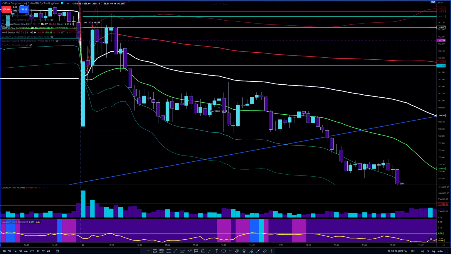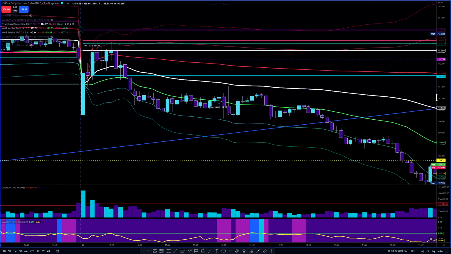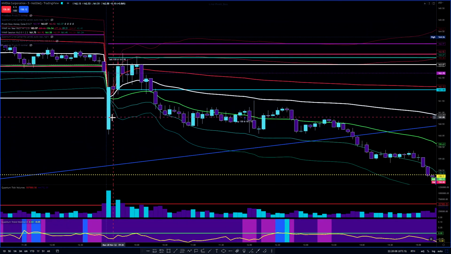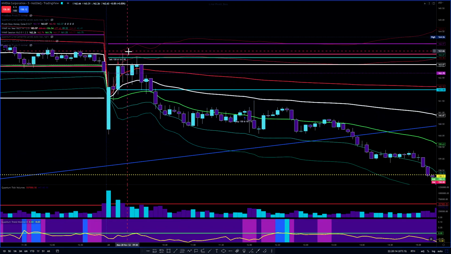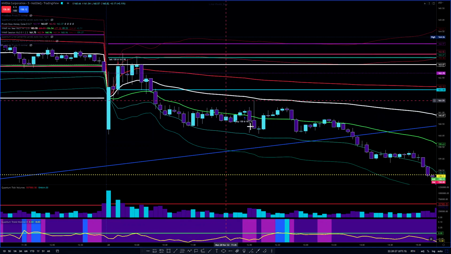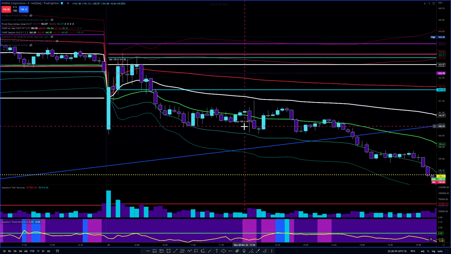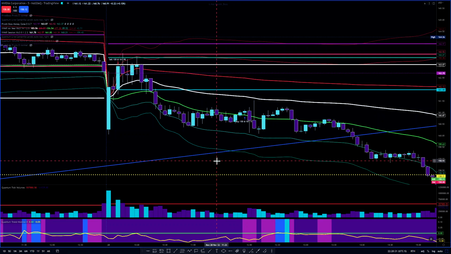Even though I'm looking for shorts, I can still anticipate that there's going to be some retest of prior value. So I'm placing my stop above that value area, around 163.83. That was my stop. We finally got down here to 161.10, which was a good trade. It was a nice trade.